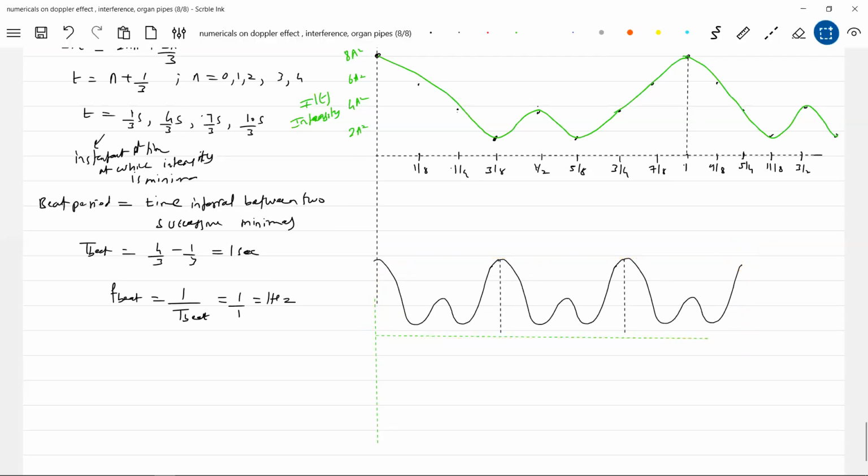Okay, this will be the experimental curve. Like this.